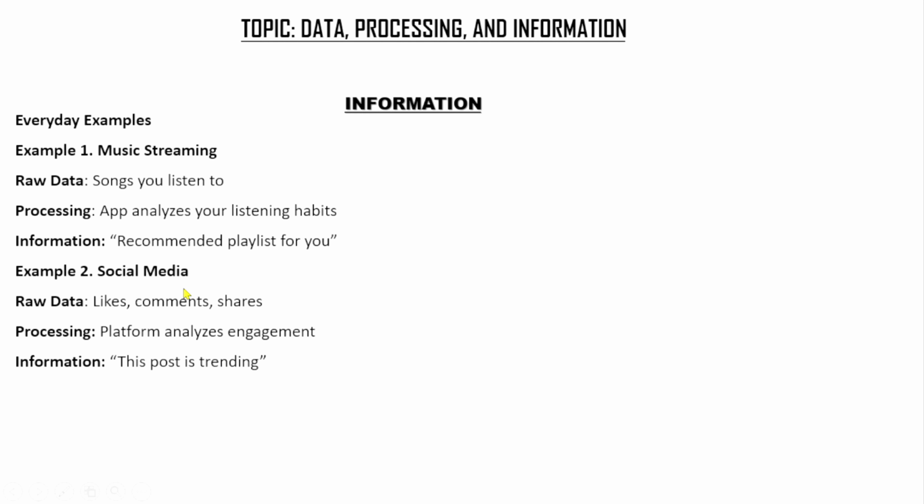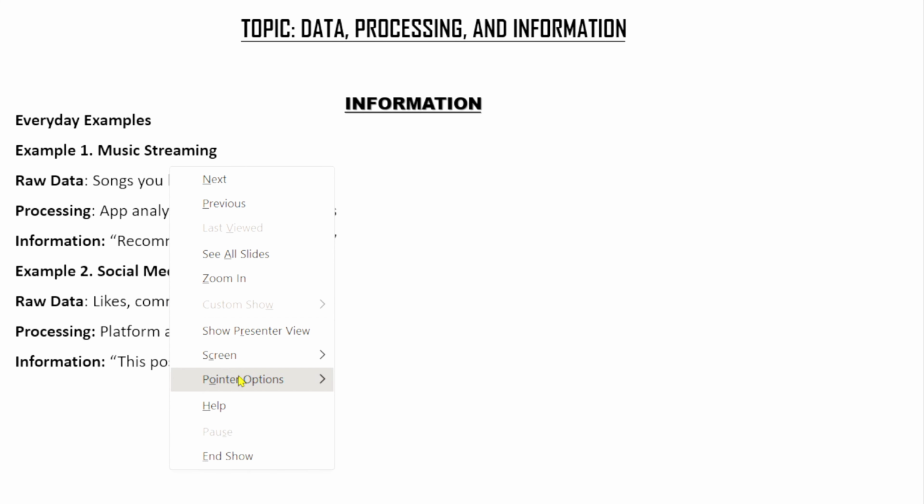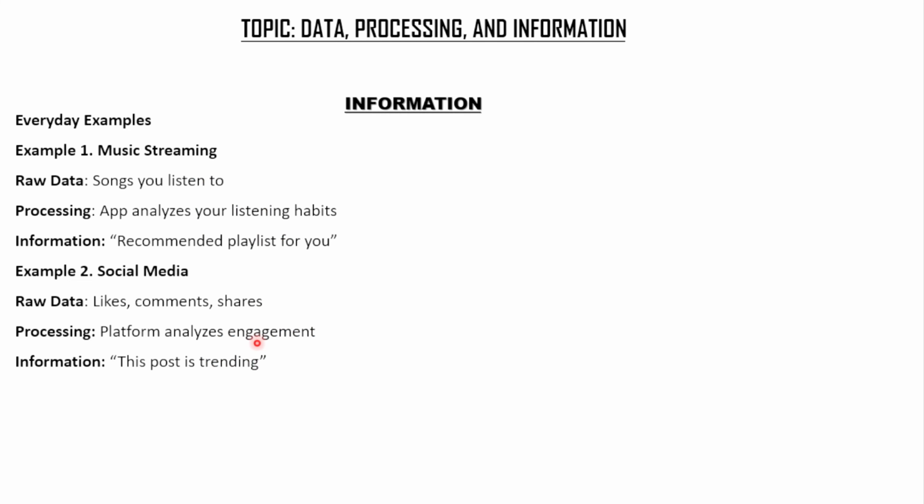So example two is social media. Your raw data the system or the computer gets from you is likes. You like people's pictures, you comment, you share. So these are raw data that the computer gets from you.